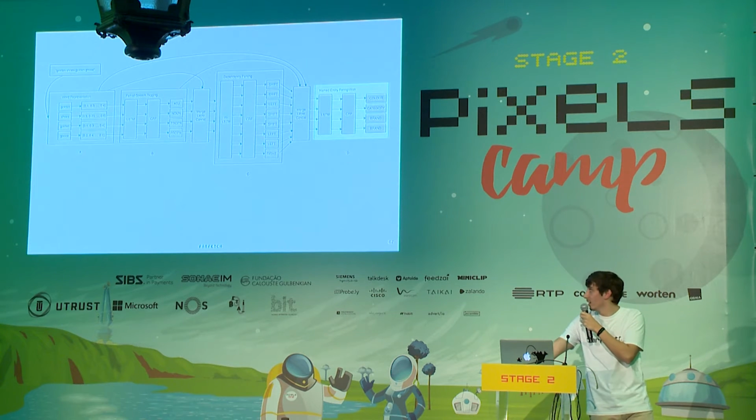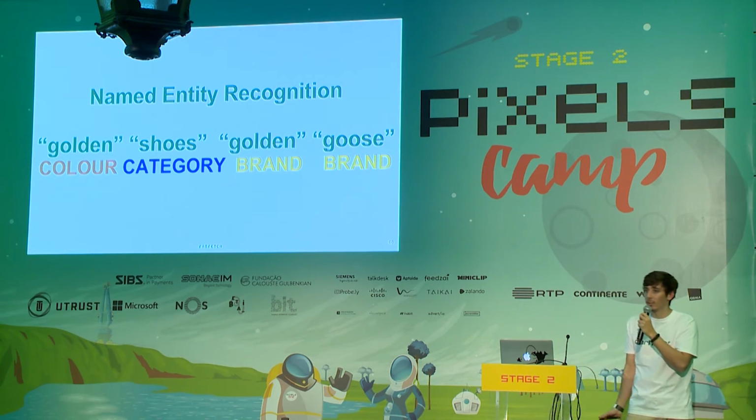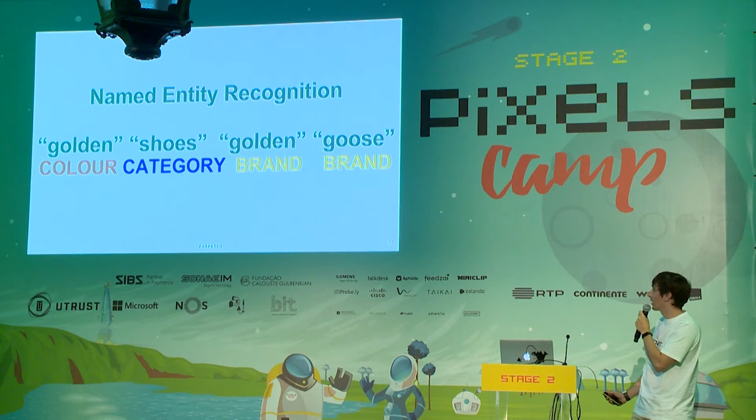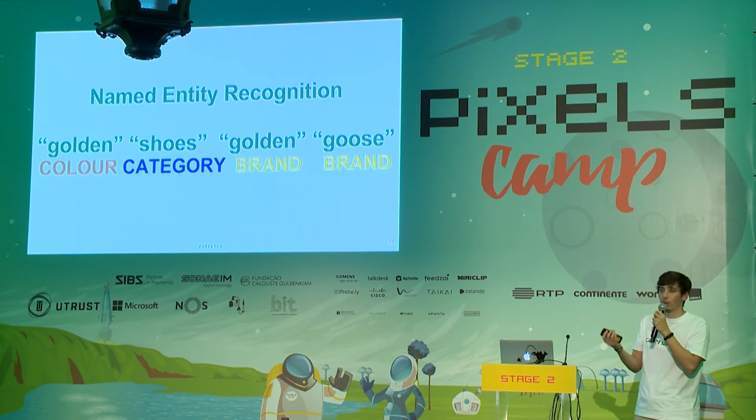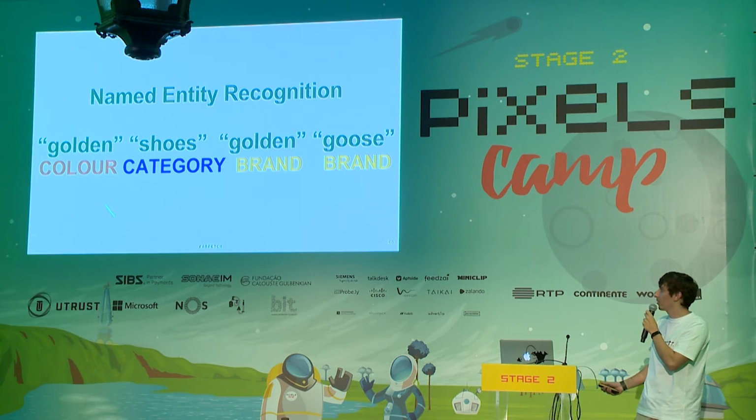The main idea here is to give a correct named entity for each word. In our case, each named entity has a specific meaning. So, for example, for each product at Farfetch, I have a field called color.